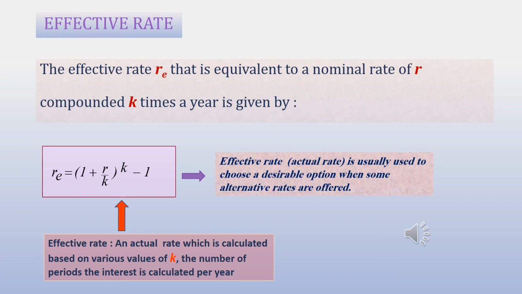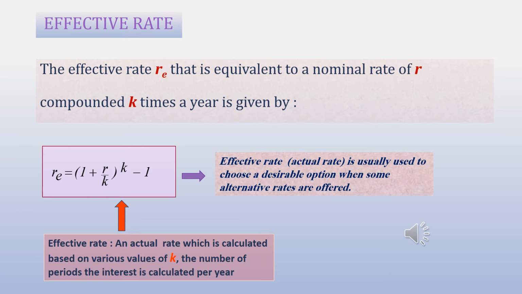Effective rate. The effective rate RE that is equivalent to a nominal rate of R compounded K times a year is given by RE equal to 1 plus R over K to the degree of K, minus 1. What is the effective rate? The effective rate is an actual rate, calculated based on various values of K, which is the number of periods the interest is calculated per year.